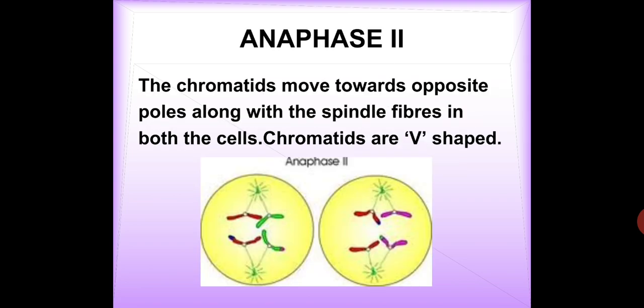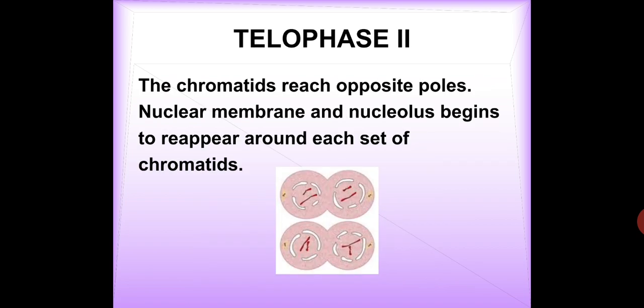Anaphase 2: chromatids move towards opposite poles along with the spindle fibers. Chromatids appear V-shaped. Point to remember, chromatids move towards opposite poles. Telophase 2: chromatids reach opposite poles.